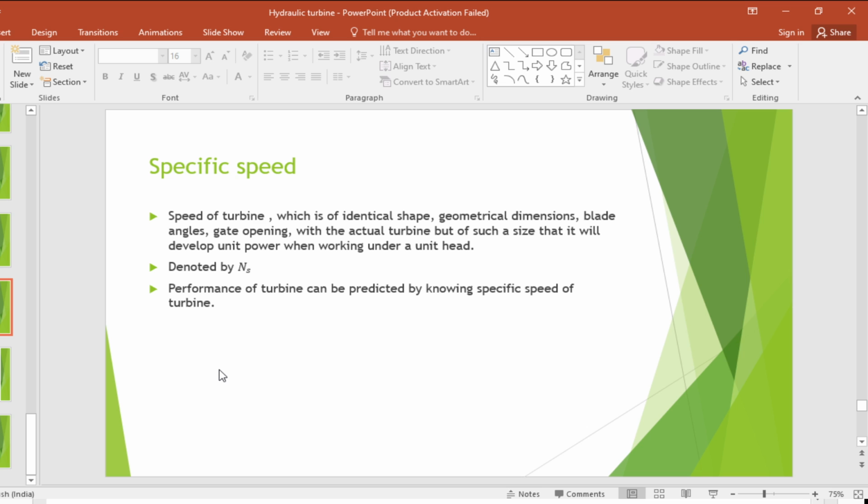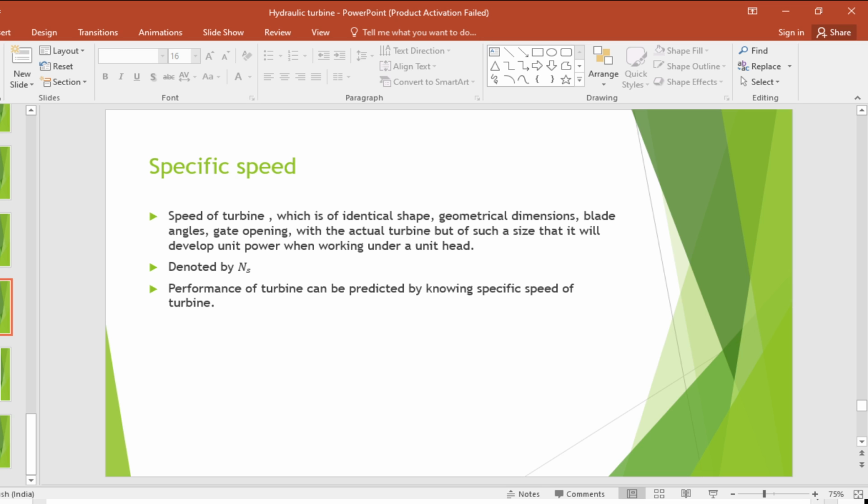Okay, so specific speed as I have defined, specific speed is nothing but the speed of turbine which is identical in shape, geometrical dimensions, blade angles, gate openings with actual turbine but of such size that it will develop unit power when working under a unit head.